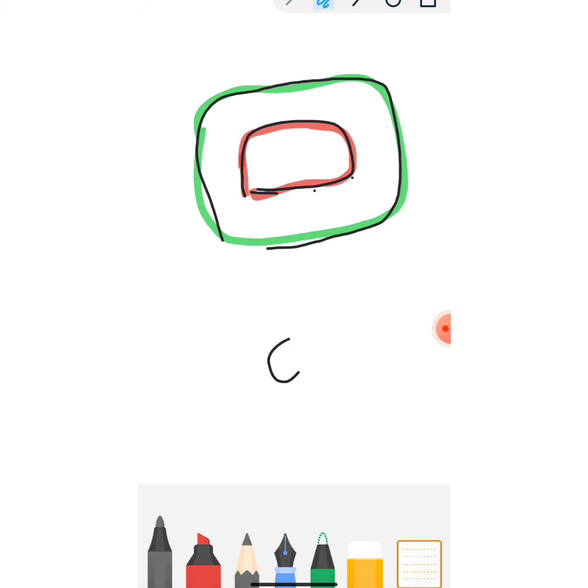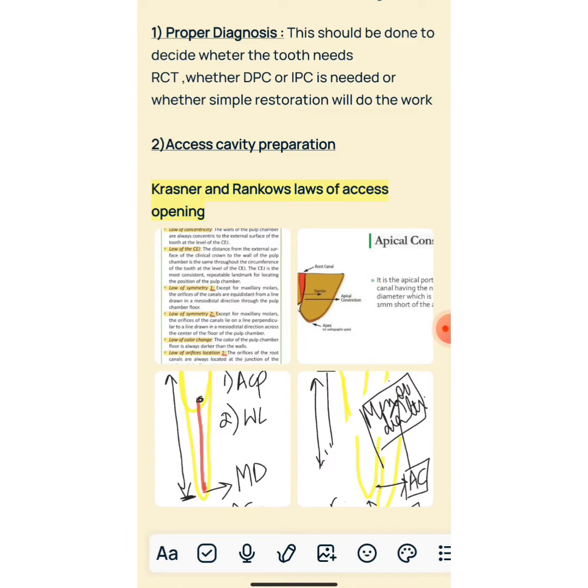So we know concentric circles, so this is like that. So this is the law of concentricity.